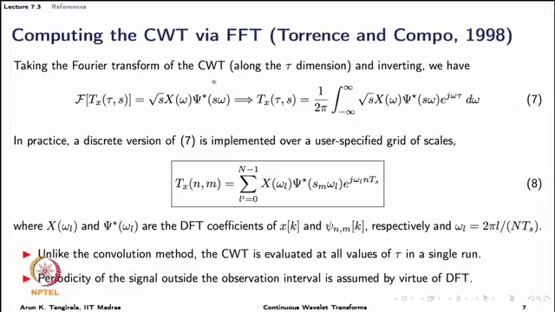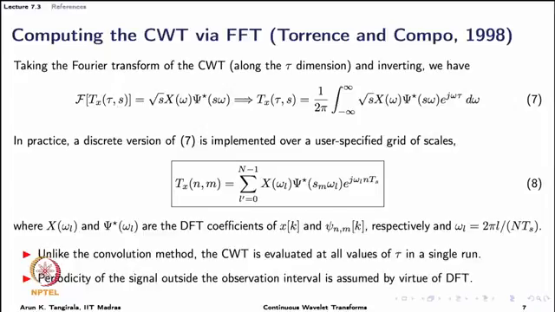And all I do is take an inverse Fourier transform of this with respect to tau to recover the continuous wavelet transform. So, computationally, I take the Fourier transform of the signal and the wavelet, evaluate the Fourier transform of the wavelet at s omega, obtain the product and simply take the inverse Fourier transform.